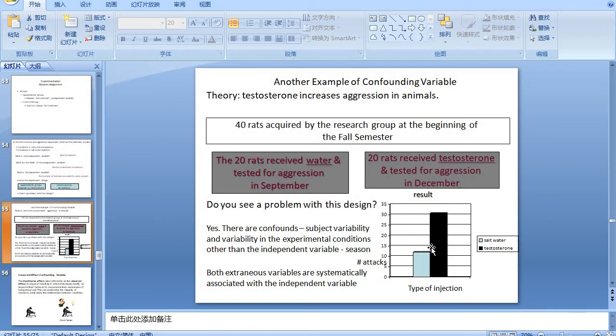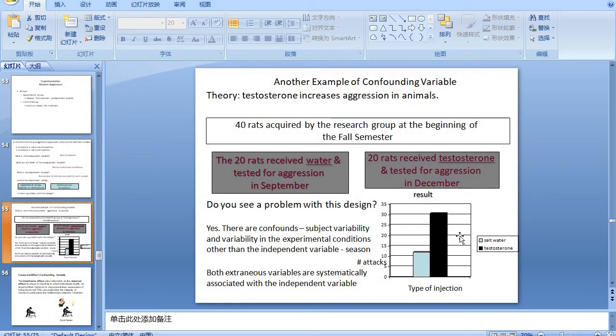Another variable is the age of the rats. Suppose you bought the rats at the same age at the beginning of the study, and you run the control group, the saltwater group, immediately, but you waited 3 months to run the testosterone group. Then this group of rats will be 3 months older than the other group. And that might have something to do with aggression.